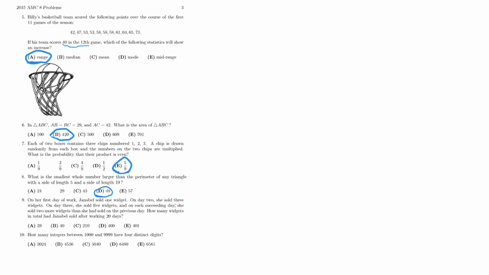How many widgets in total had Janabel sold after working 20 days? So the first day she sold 1, the second day 3, and then 5, 7, and so on.